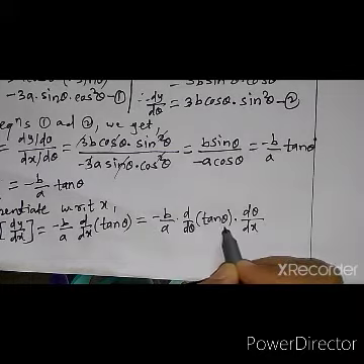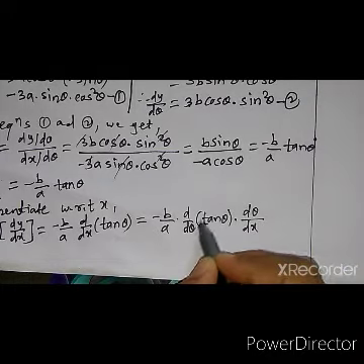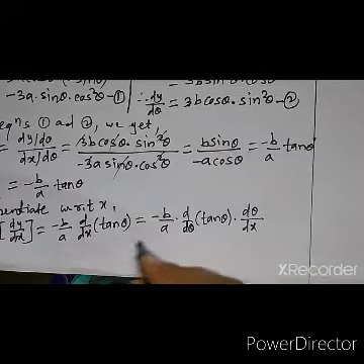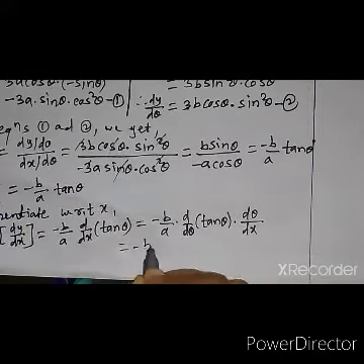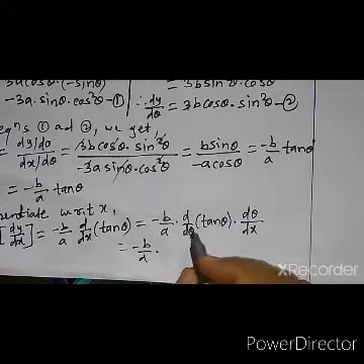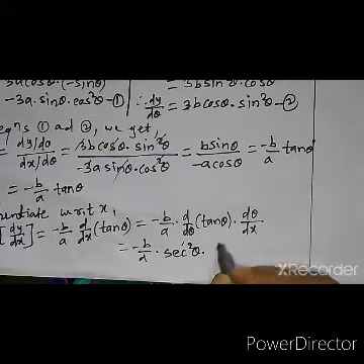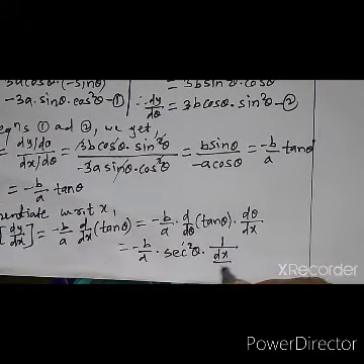Therefore d by d theta of tan theta into d theta upon dx. By cancelling we will get d upon dx. So minus b upon a as it is. We know that the derivative of tan theta is sec square theta into d theta upon dx, which can be written as 1 upon dx upon d theta.